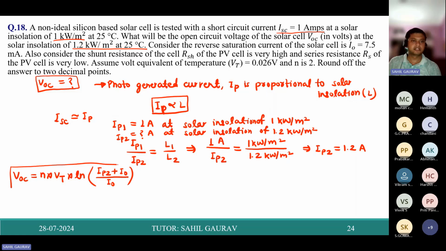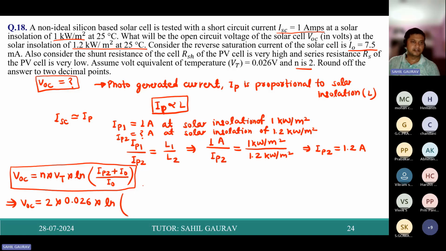Other things are known. The reverse saturation current is known, 7.5 milliampere. So we substitute all these values and we will get the answer. The diode identity factor is given as 2. Generally for silicon it is 1 and for germanium it is 2. And the thermal voltage is given as 0.026 volt.